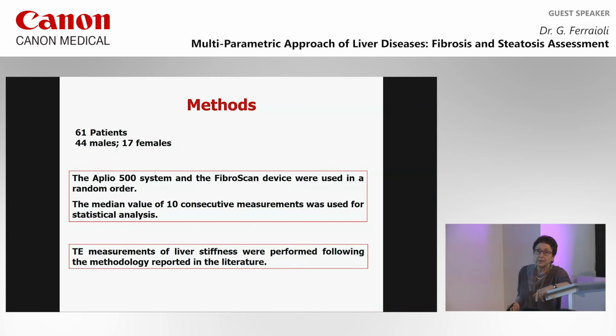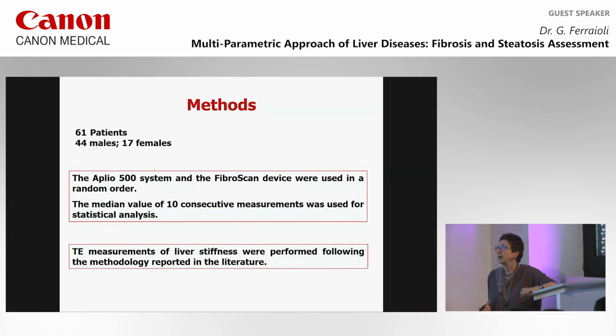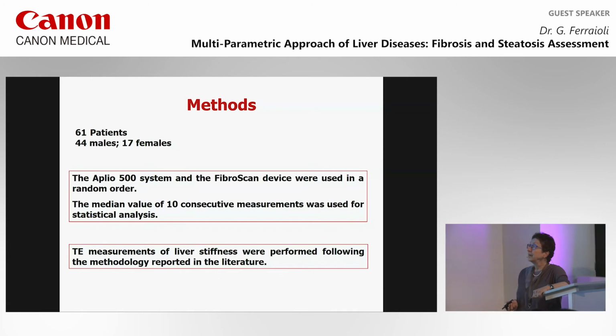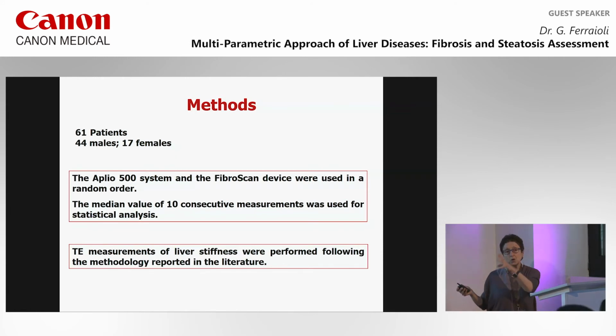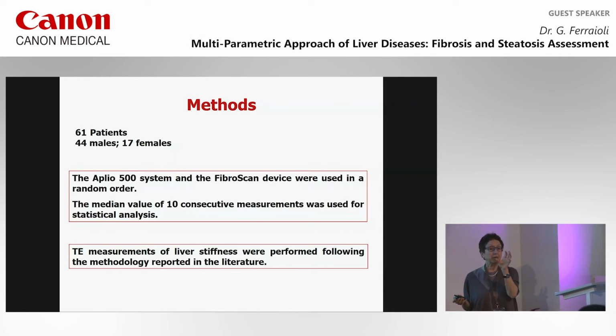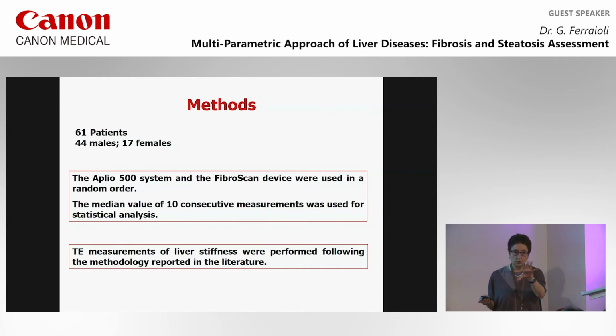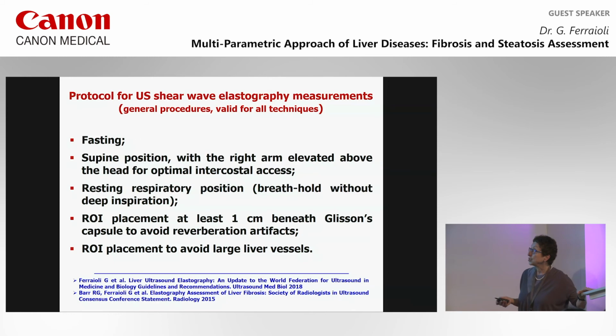And you can see here that at that time we used the Aplio 500 system in 61 patients. And the measurements on this system were at that time performed using the median value of 10 acquisitions.